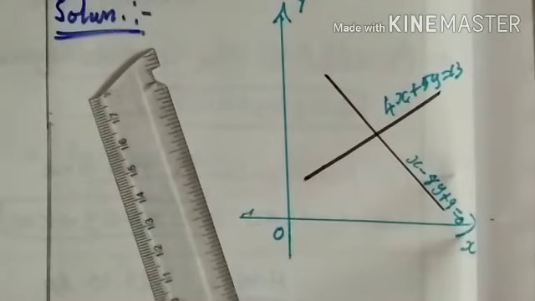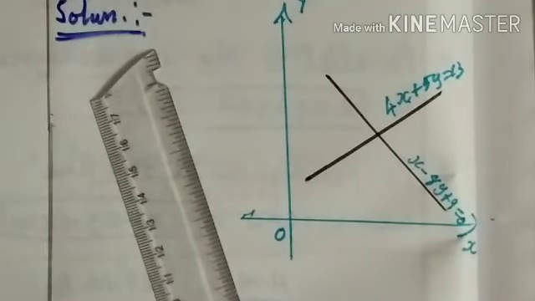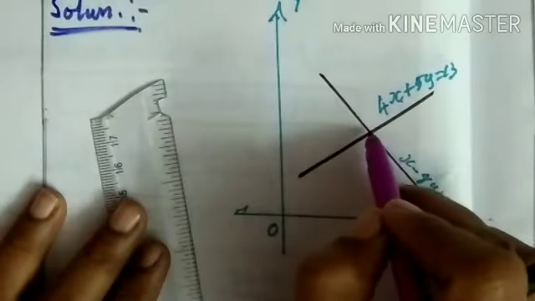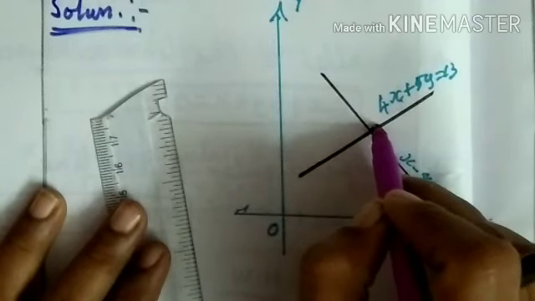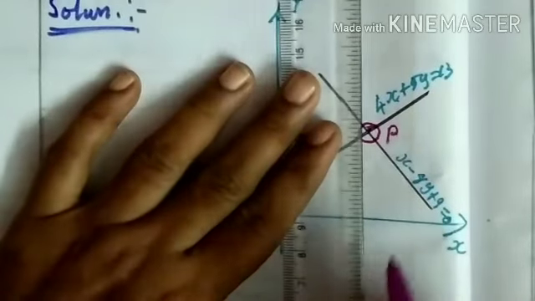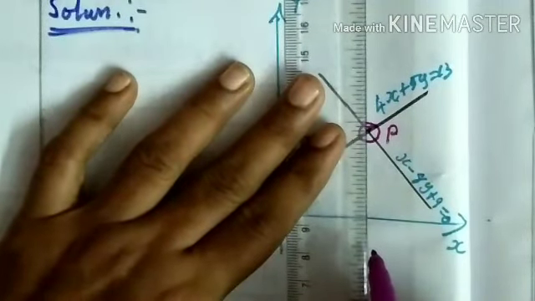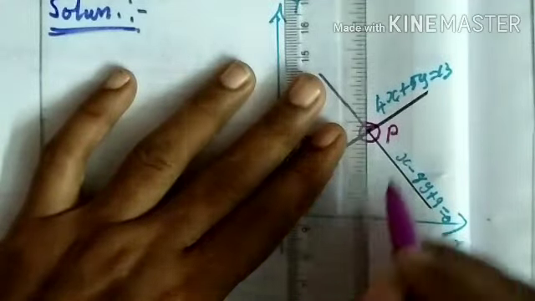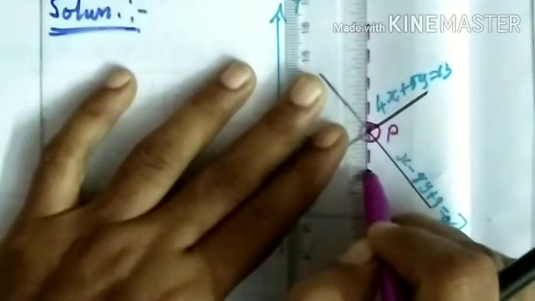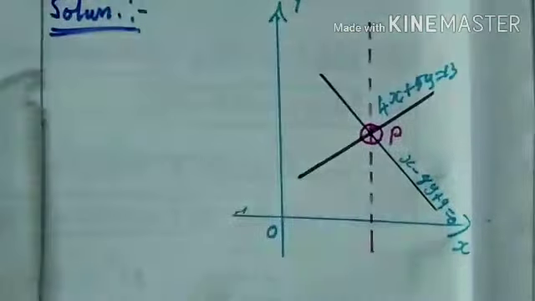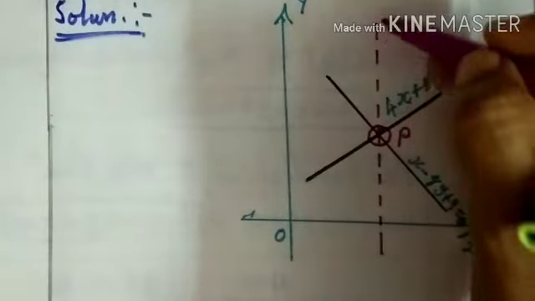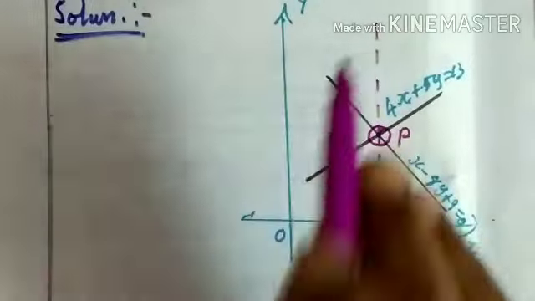Find the equation of the straight line parallel to y-axis and passing through the intersection point. This is the intersection point. We have to draw a line passing through this intersection point. Dotted line equation only we have to find. And the equation of this line is parallel to y-axis.